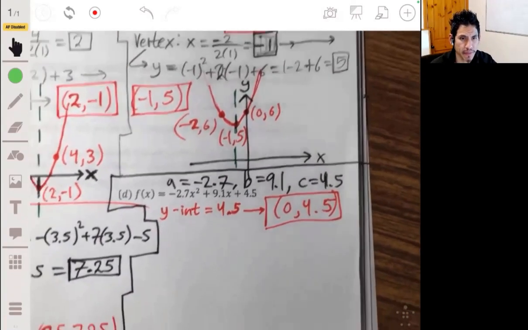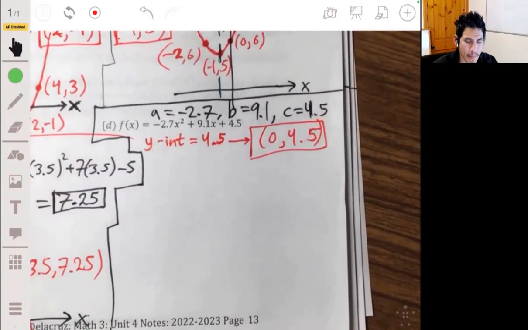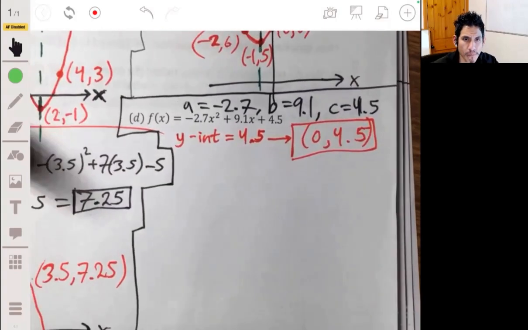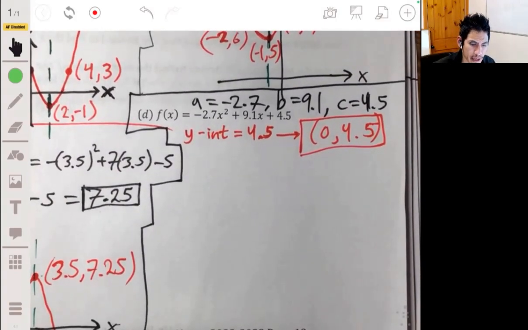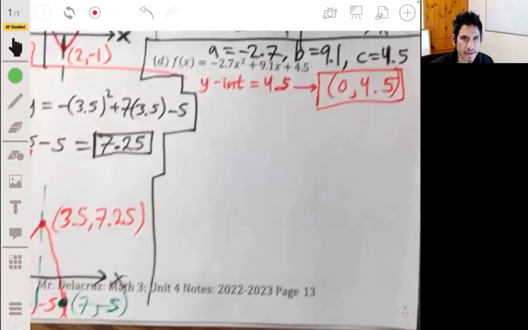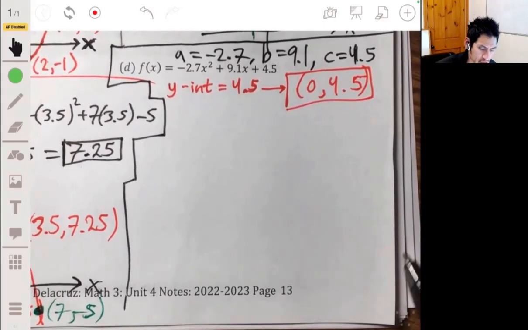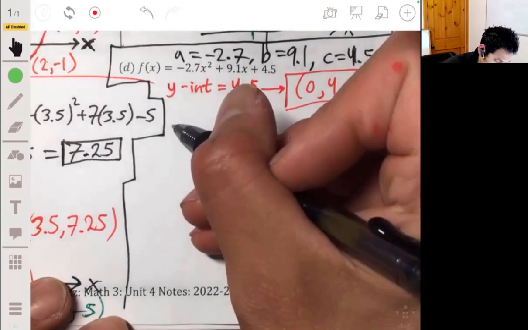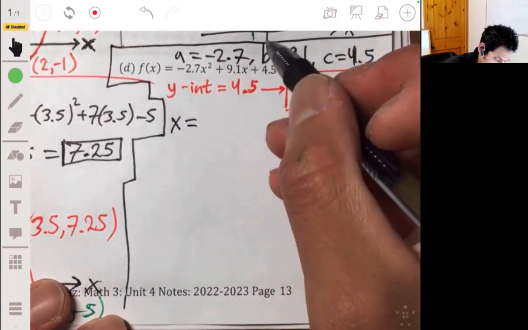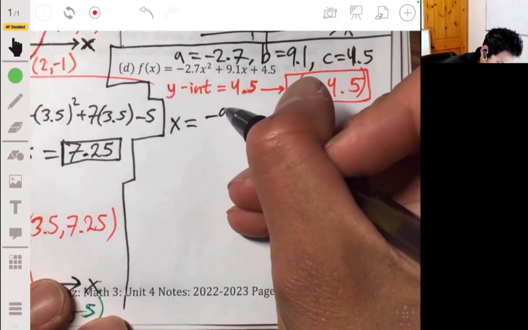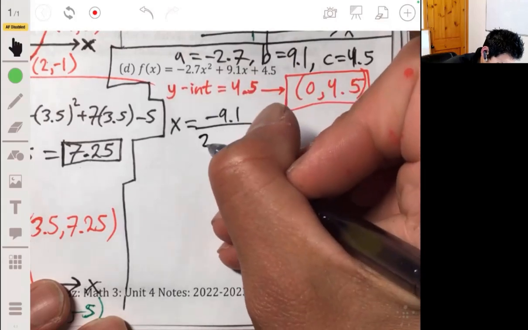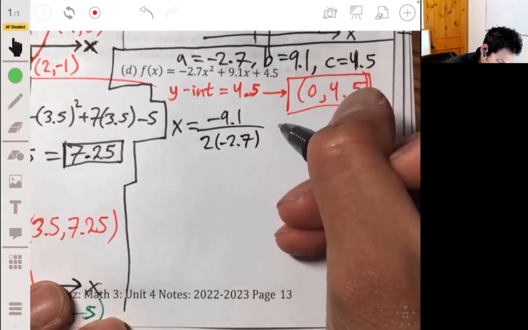Really hate squeezing work, so we'll make it fit nicely. Okay, so now let's find the vertex, starting with the x-coordinate. -b over 2a, so -9.1 over 2 times -2.7.